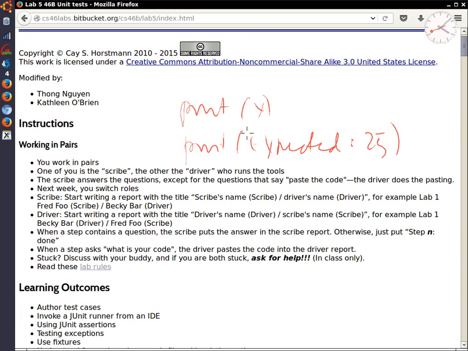You've seen these things in CodeCheck for several weeks, or if you've had 46A, for several months. And so these testers, where one just prints something and then prints expected, are like a baby version of JUnit.